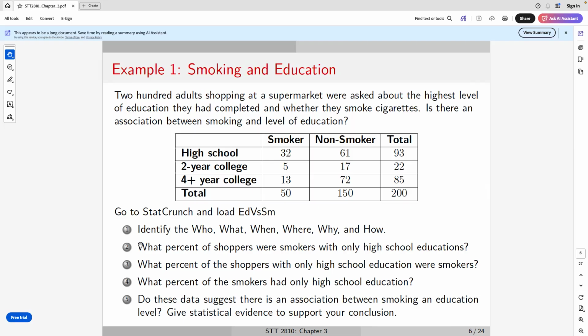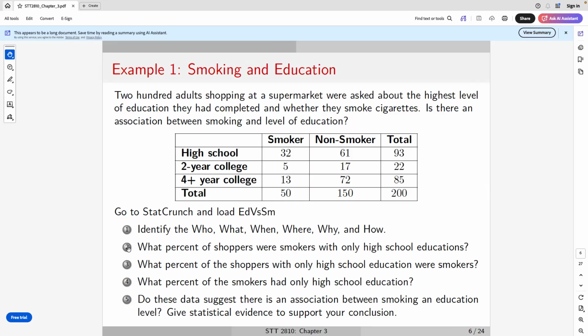Now, let's get to 2. But before we get to 2, let's try to find the marginal distributions.